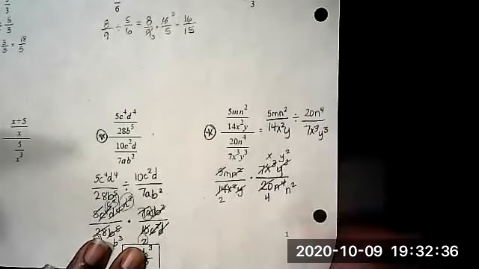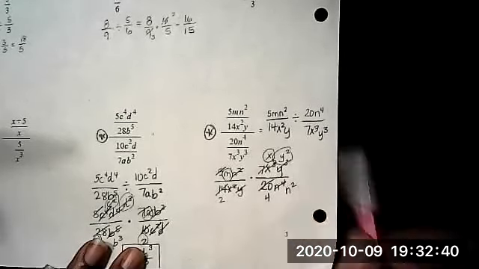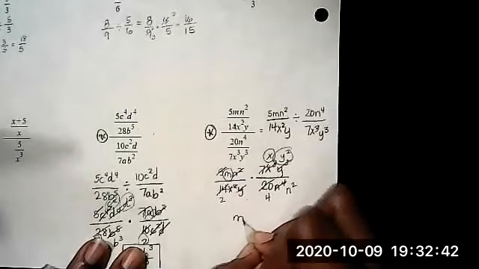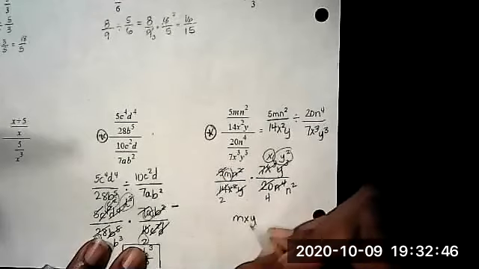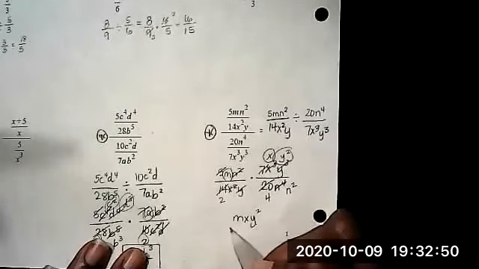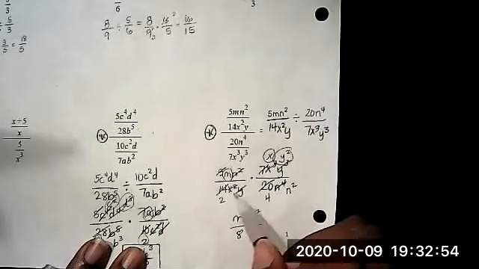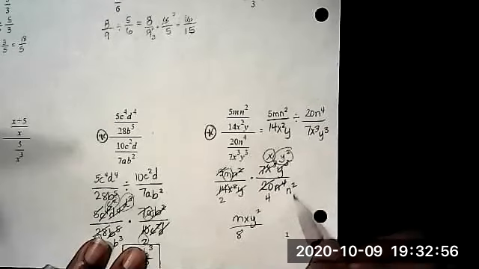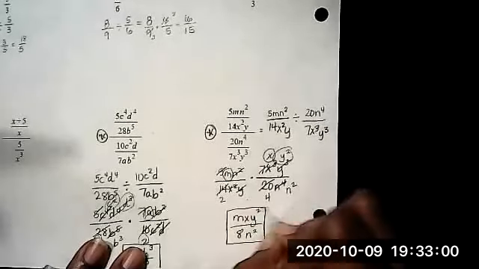What's left over here looks like m x y squared. And then here 2 and 4 is 8, and then no x's, no y's, n squared. That's my answer.